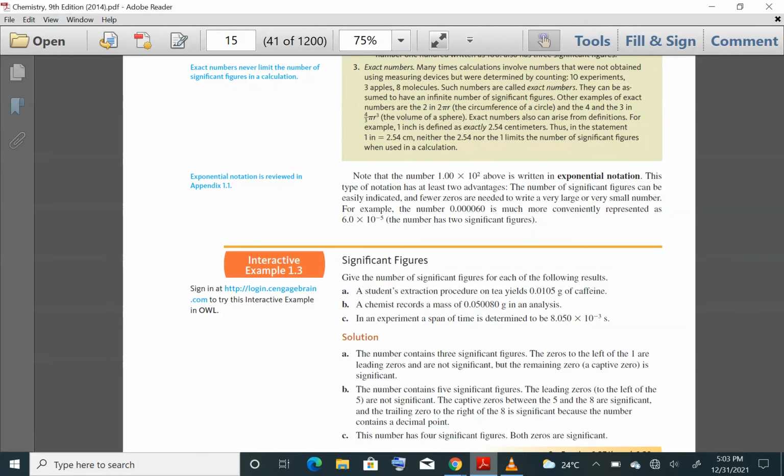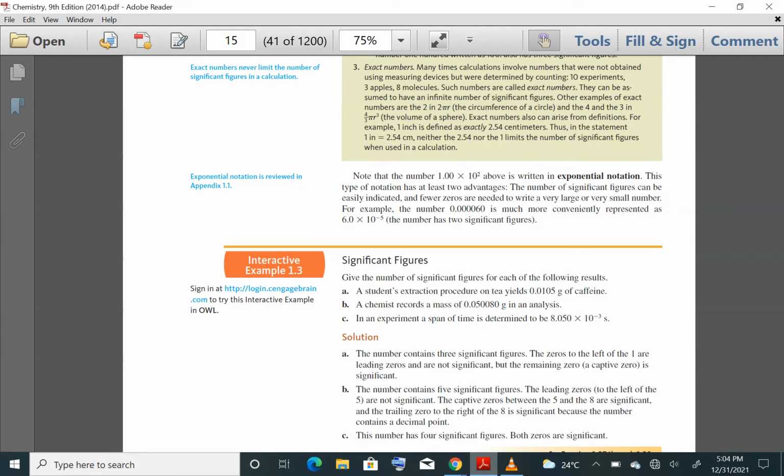So far we've got how many? 4 significant figures. But how are we arriving at 5? That last zero, that trailing zero, is significant. Why is it significant? It's because there is a decimal point in this number. Therefore, that trailing zero is going to count as being significant. So that's basically how we go about it.